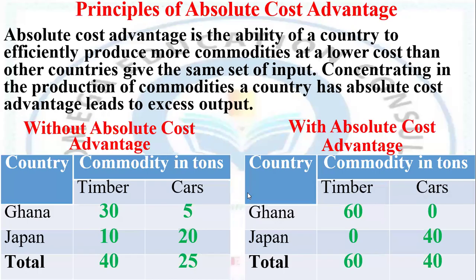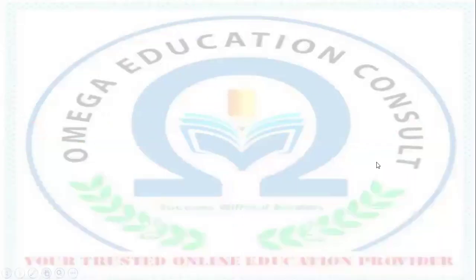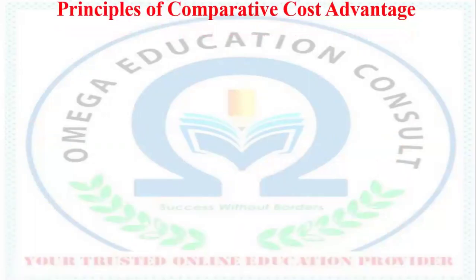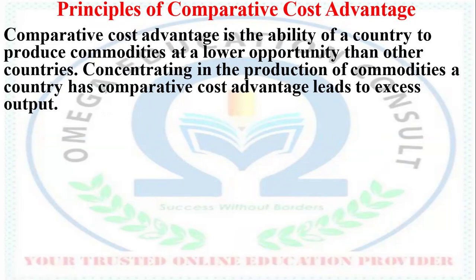Now we look at the principle of comparative cost advantage. Now this theory seems to be an improvement over the absolute cost advantage, and it was developed by David Ricardo. Now, this theory states that countries have different opportunity costs in the production of a variety of products.